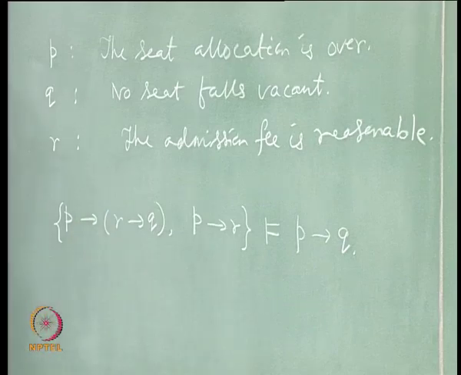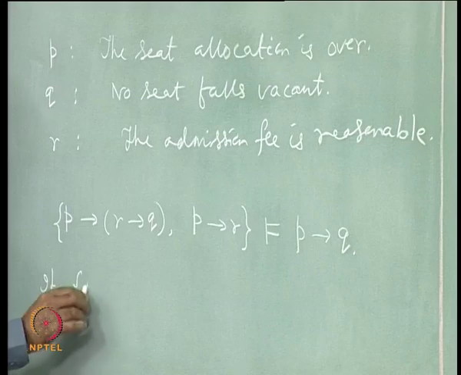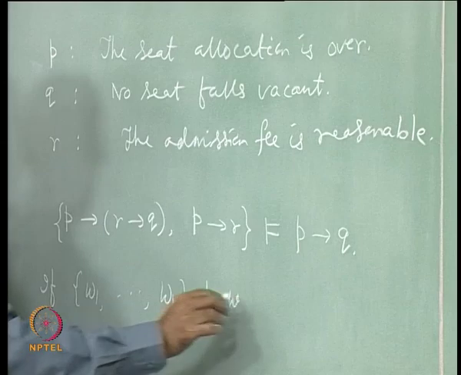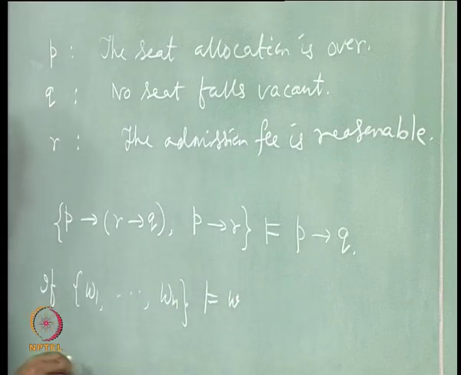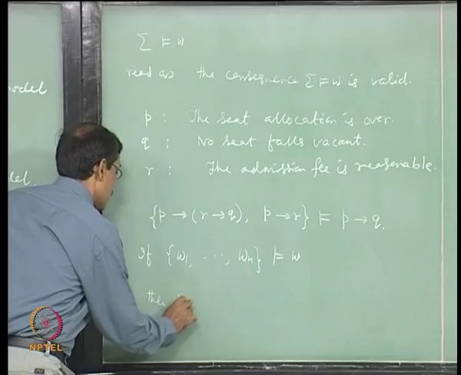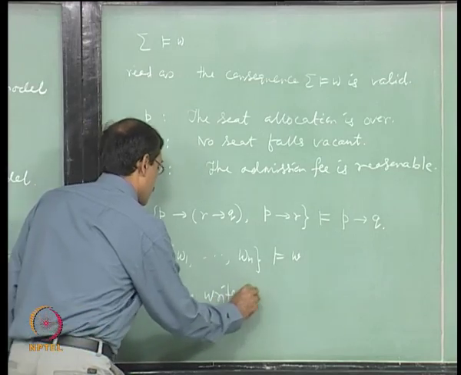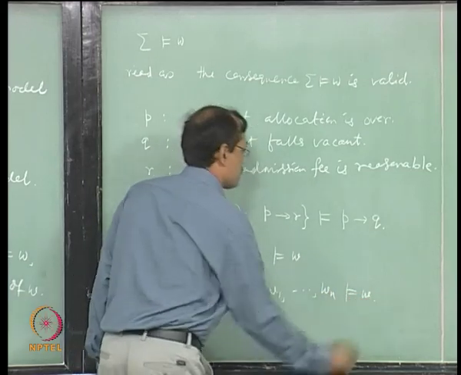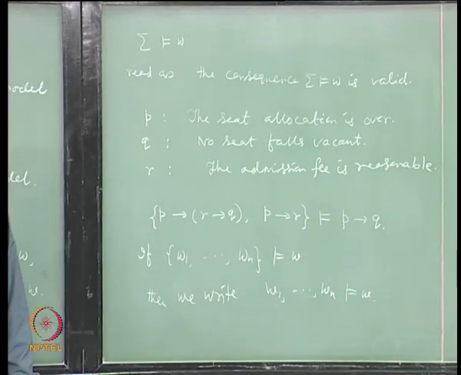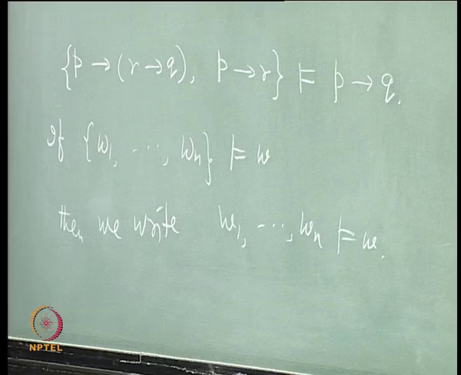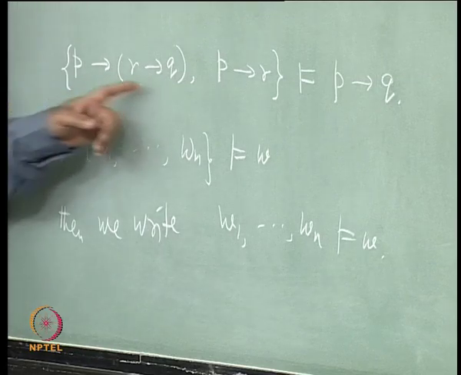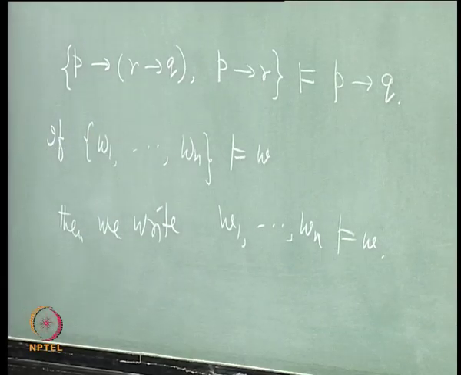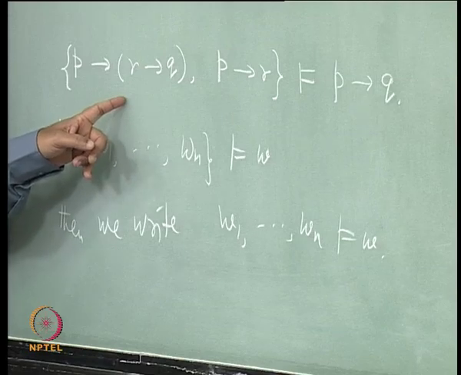So, if sigma is some finite sentences W1 to Wn and we have a consequence of this form, we would write it as W1 comma to Wn entails W. Okay. So, here you can just omit the braces, that is what it says, but that is only a convention just to write less.